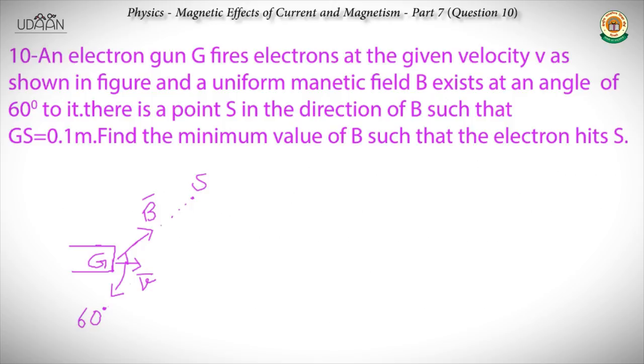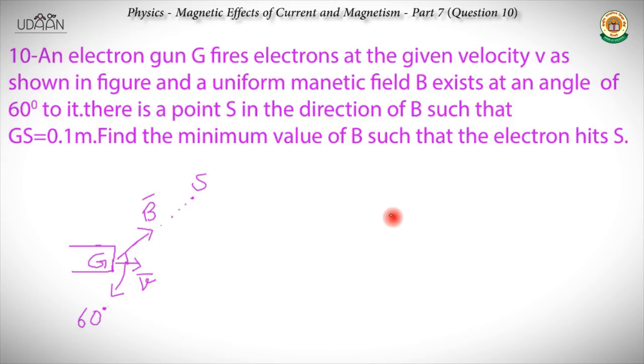Using that, we'll be able to figure out why the minimum value of B is required and when it will reach S. In this question, the velocity is not perpendicular to B, in fact it is at an angle with B. So for this type of question, we divide the velocity into two components, one in the direction of B and one perpendicular to B, so that we can superimpose the motion and see what the motion actually looks like.